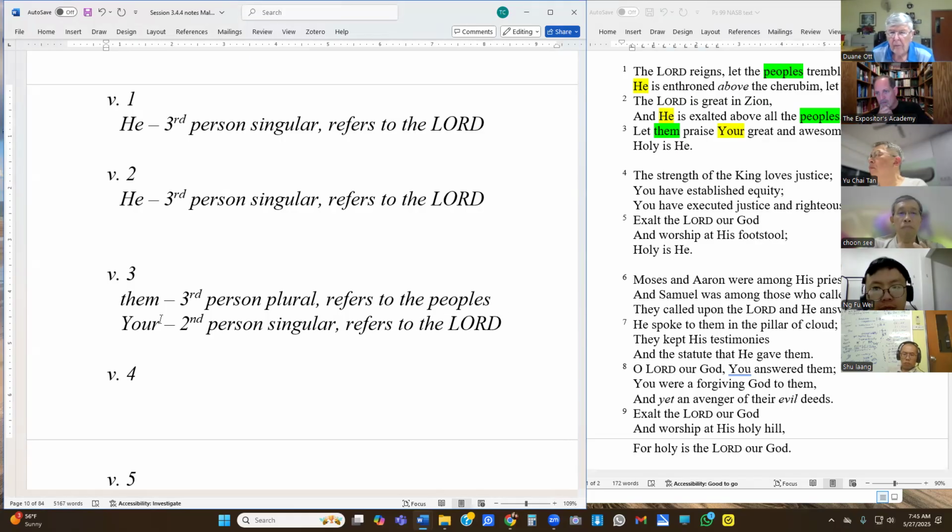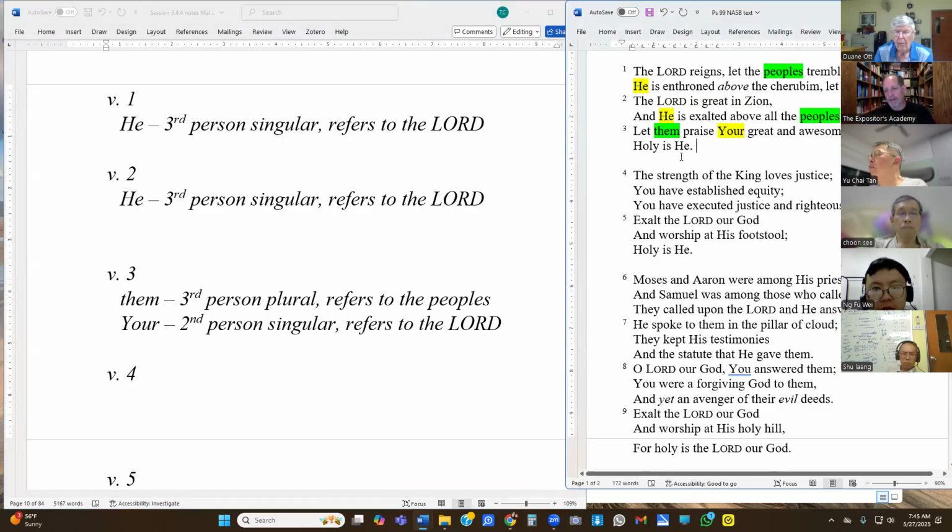Now, here is where I want to draw attention to why we care about pronouns. This seems like just an academic exercise. What's the value? Well, notice here a change in the pronoun. It refers to the Lord, but notice in verses 1 and 2, the pronoun is he, third person. But in verse 3, now it's personalized. It's your.